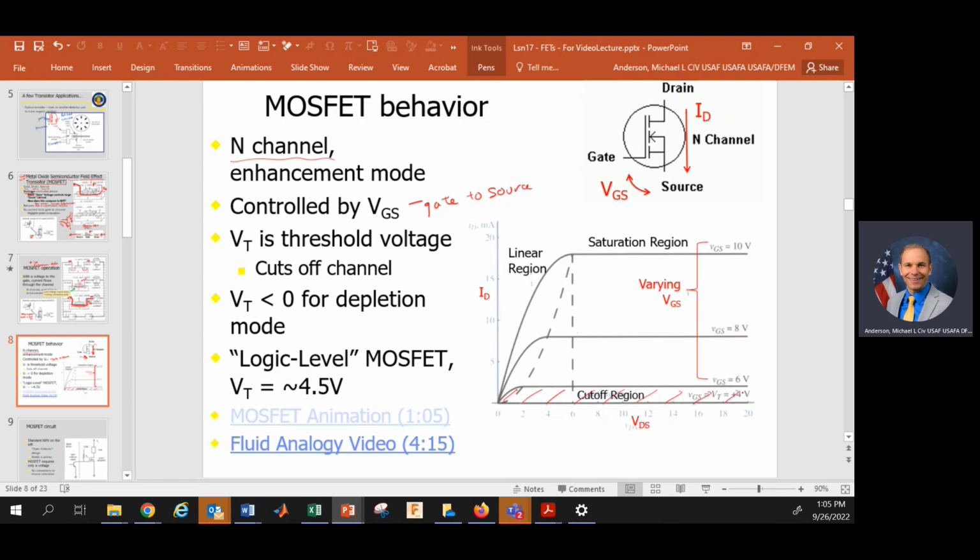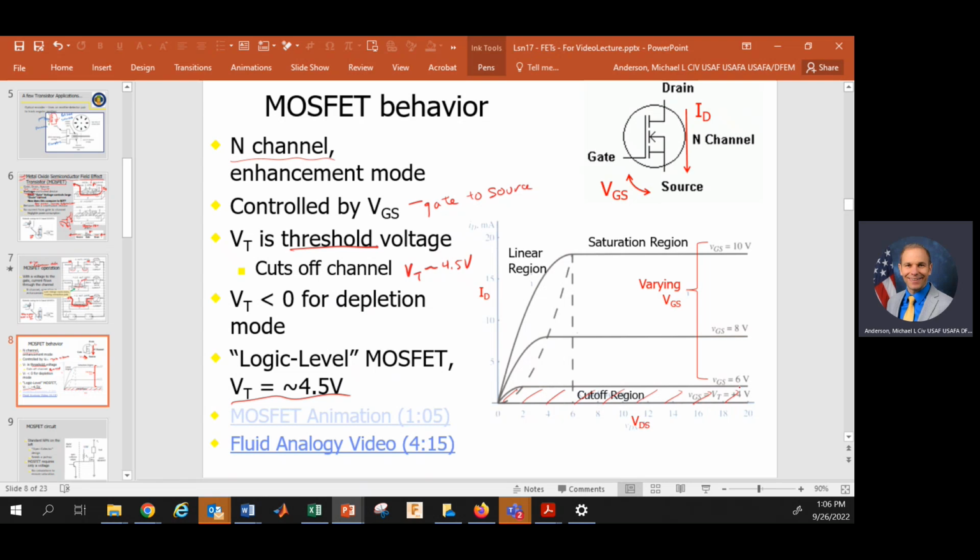Similar to our BJT, we need our V_GS to be greater than a threshold voltage. This is the threshold voltage here. Typically, the threshold voltage is about 4.5 volts. I already have that on the slide right here. So that's quite a bit more than what we required for a BJT. Remember, a BJT was only about 0.6 or 0.7 volts to get current flowing through the base to turn the thing on. So you need more voltage here.